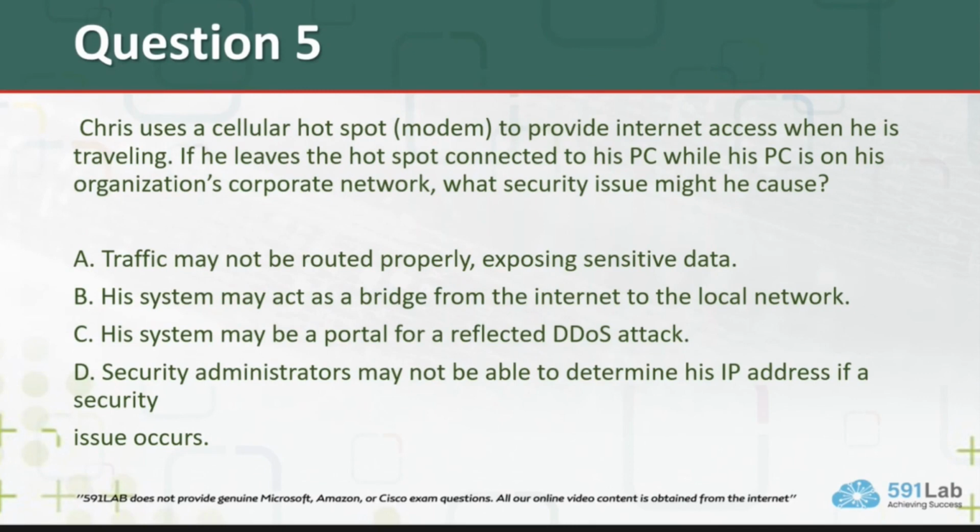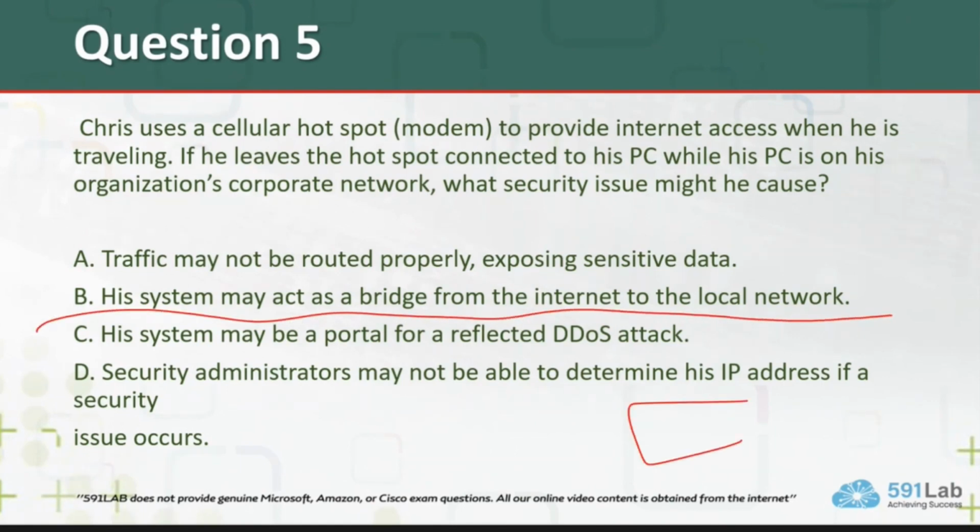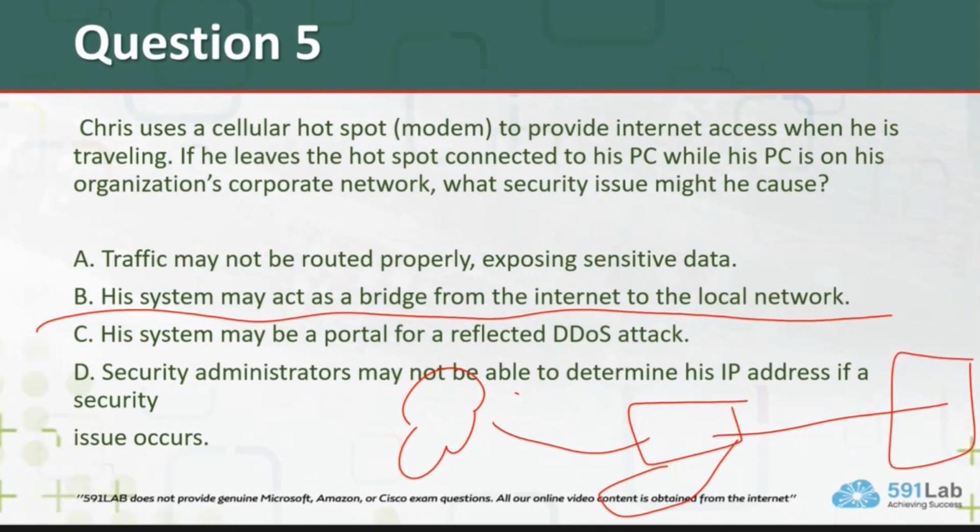So the answer for this one is actually B. His system may act as a bridge from the internet to the local network. So he is connected to the internet using the hotspot, and he's still connected to the internal LAN. In this case, his PC can be used as a bridge. If we have an attacker on the internet here, he can connect using the internet connection to Chris's PC, and using Chris's PC, he can connect to the internal servers on the intranet.